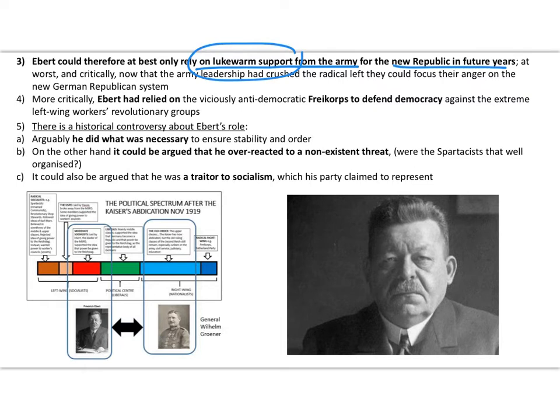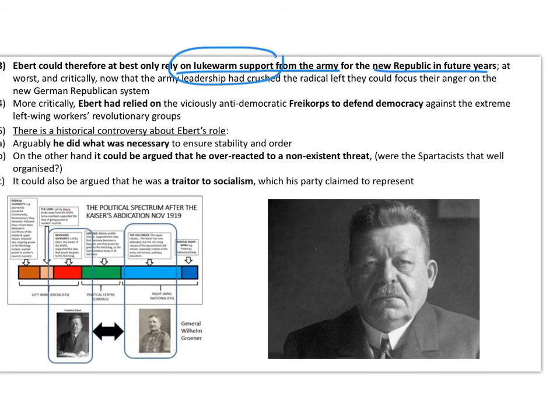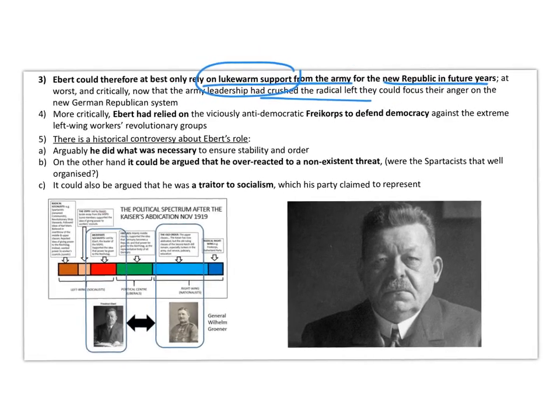Okay, so we've already established that Ebert was forced into that very difficult position where he became dependent on the old order to crush the radical left. And that's the point. So that's a key point. Just read that.